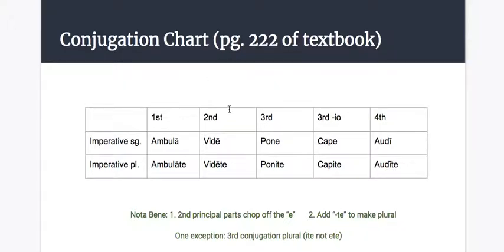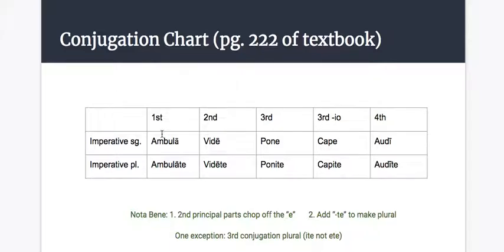And so now we're going to get a clearer sense of why we see all those endings if they're all commands. It's because it depends on what conjugation we are. Are we first conjugation, second conjugation, third io, or fourth? And the really nice thing about imperatives is that they're very straightforward forms.